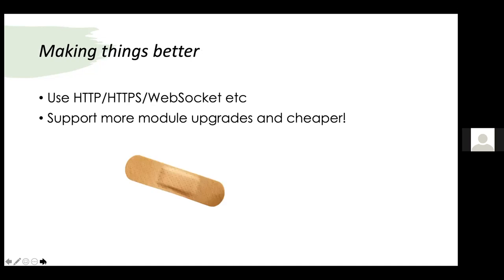So things that are better: WebSockets, HTTP, HTTPS, continually supporting embedded systems that can be upgraded. New ATMs and some of the new systems like that are actually supporting Linux, which is an exciting opportunity because that on its own is fairly hardened out of the box and may allow us to have systems that are a little more secure.